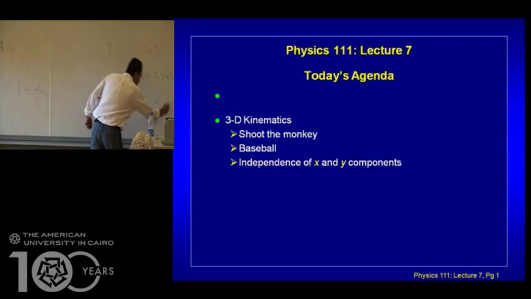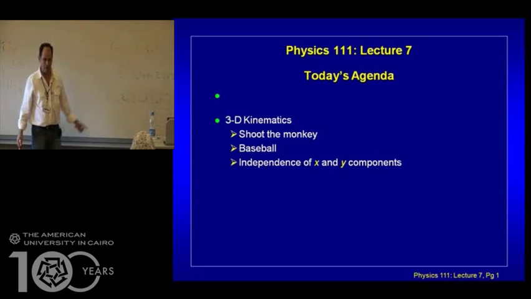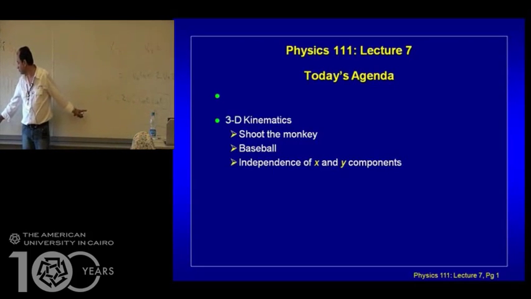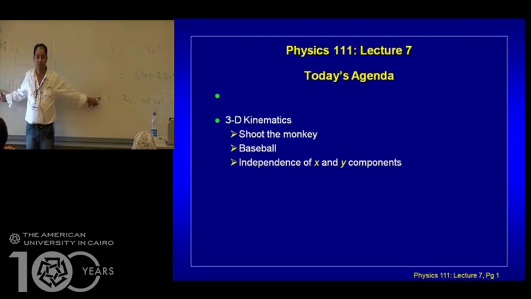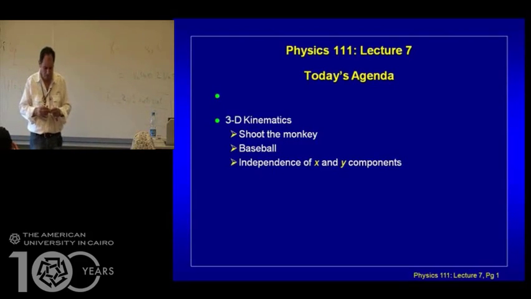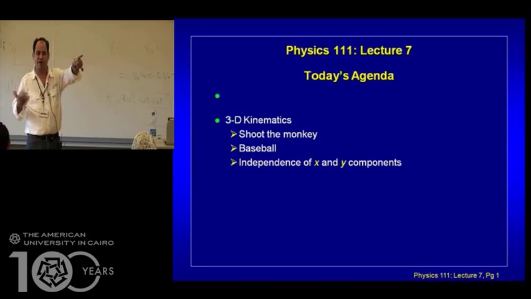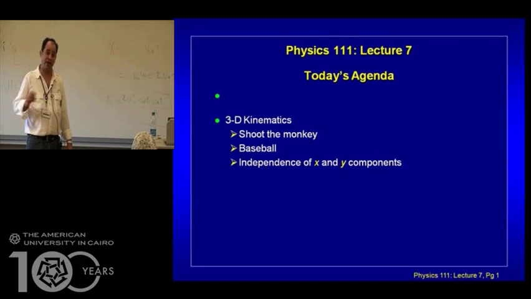Most of the students spend like an hour memorizing those two equations, assuming that this is valid for every case. And they find in the exam that I do this.